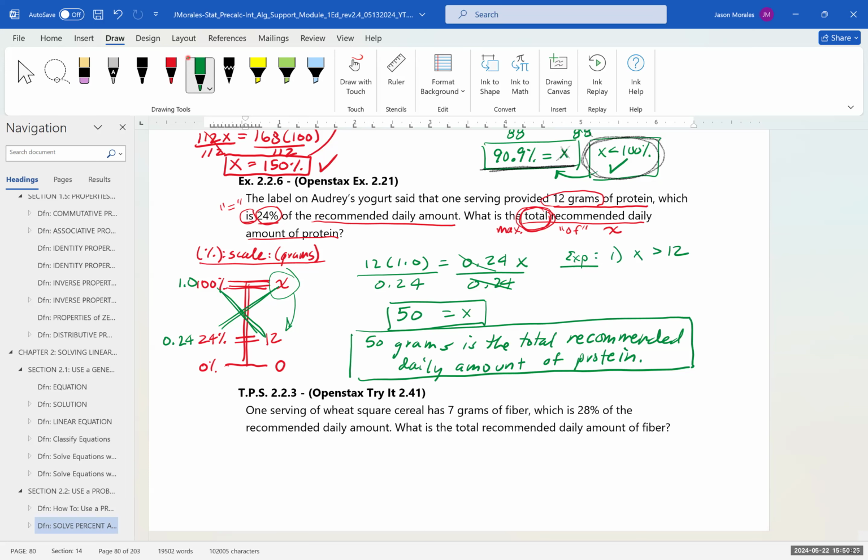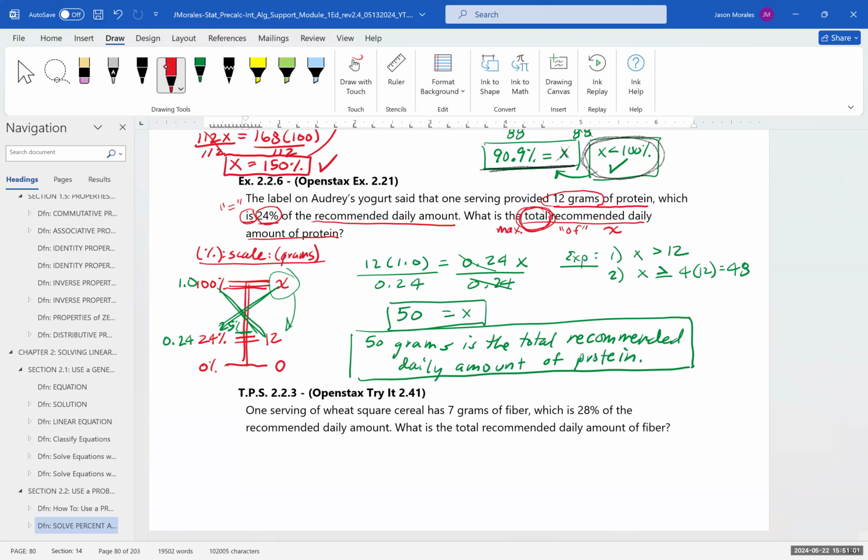All right, and that's something that we can see off the bat. And one other thing is that we're talking about 24%, which is just under 25%. So we would expect x to be greater than or equal to 4 times 12, or 48.